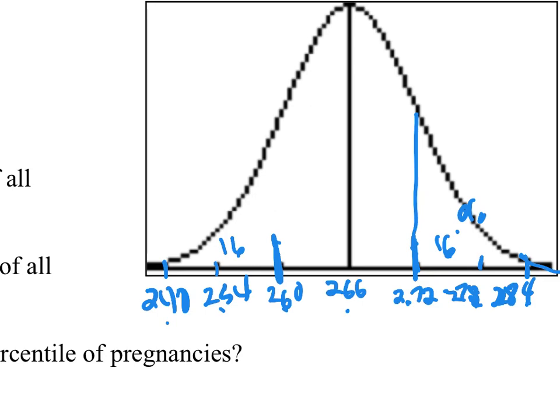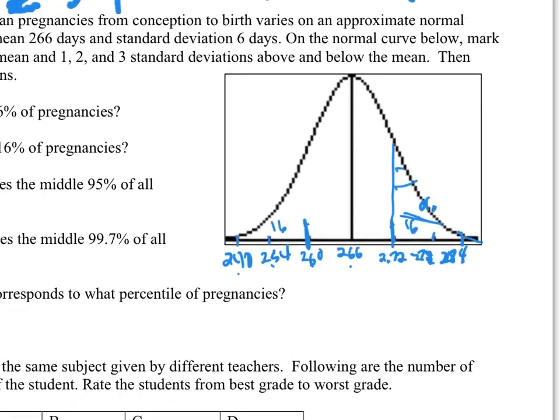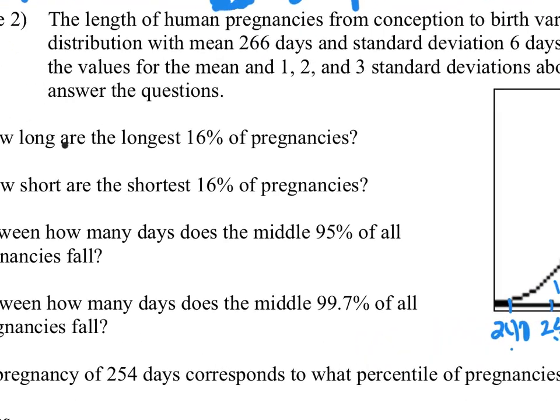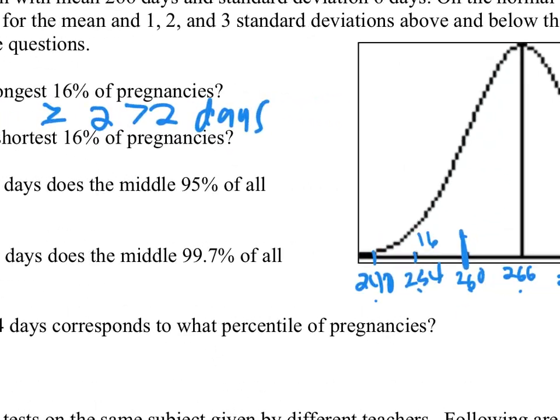Any of those days are in the highest 16%. So I'm going to say the pregnancy length is greater than or equal to 272 days.